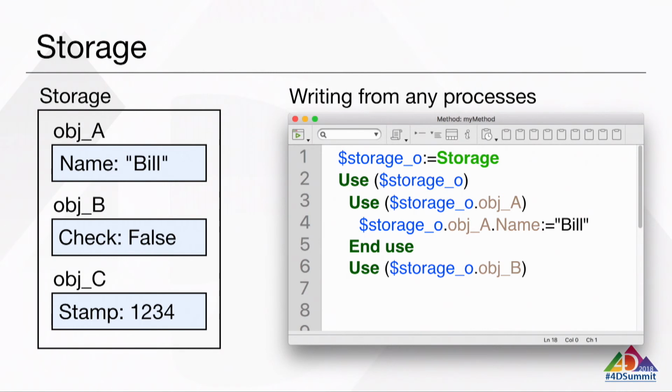I want to do the same thing for object B, okay? Make some modification in object B property. I call the Use, and then I make some modification, and that's it. So at the end, I release it. Again, like I said before, I could just eliminate line number 2 altogether and just do that. Now, it depends on what you're doing.